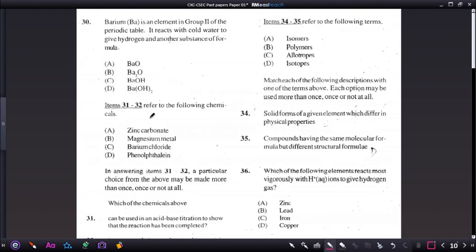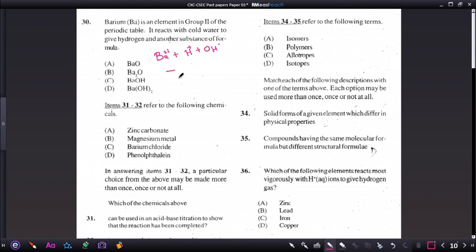Question 30. Barium is an element in group 2 of the periodic table. It reacts with cold water to give hydrogen and another substance with formula. So we have the barium 2 plus, and water you can split up into H plus and OH minus, right?